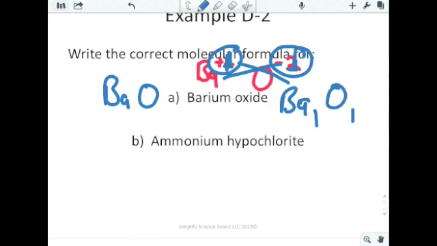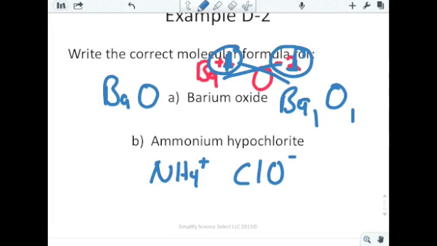Now, ammonium hypochlorite. Okay, so ammonium is going to be NH4. It's a polyatomic ion. It has a +1 charge. Now, hypochlorite is going to be ClO with a -1 charge.